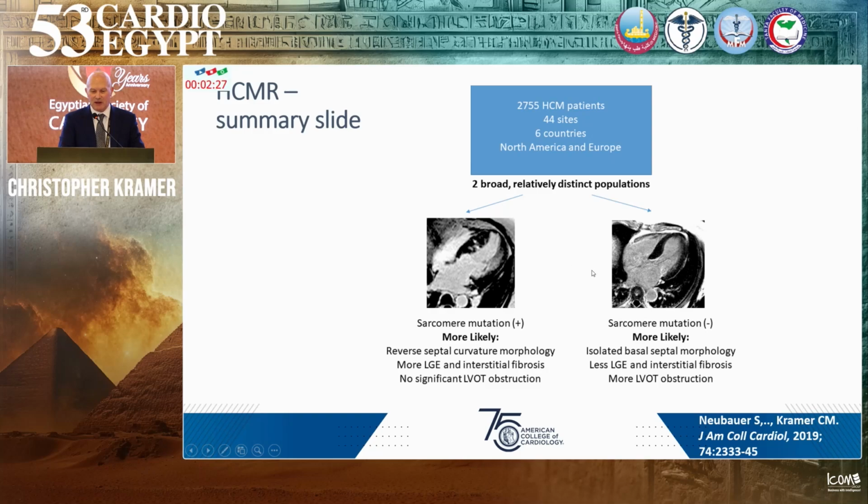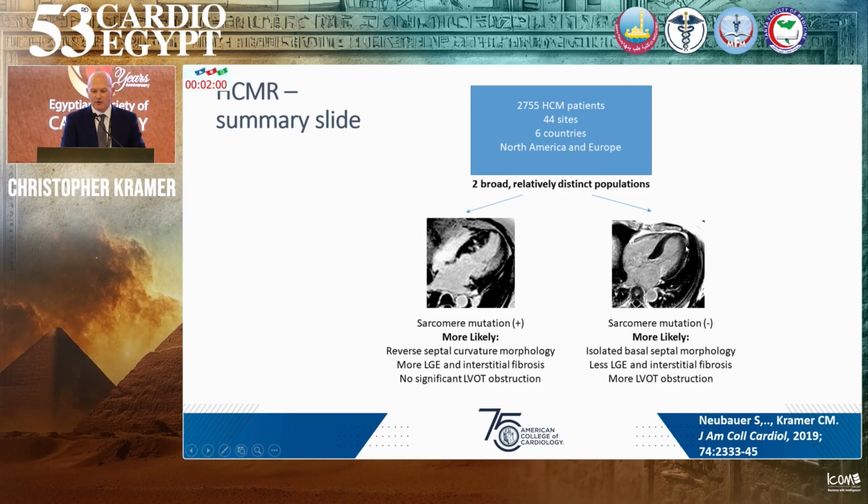85% of the patients we could put into two relatively distinct populations. About 40% were sarcomere mutation positive. They tended to have reverse septal curvature morphology and they were the patients with extensive late gadolinium enhancement. Because their hypertrophy was in the mid-septum, not the base, they tended not to have outflow tract obstruction.